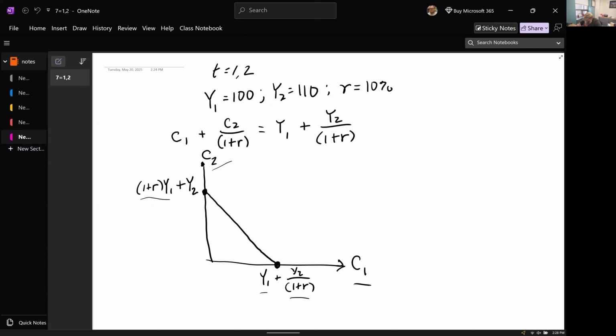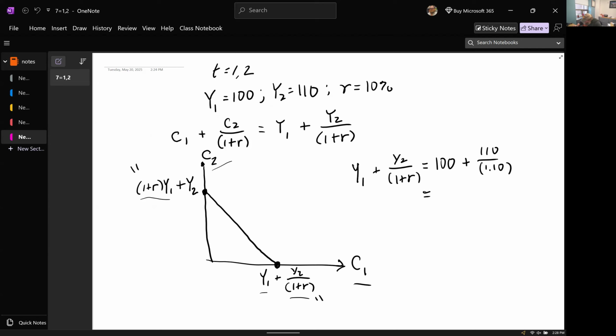And so we can relatively easily do these calculations because we have all the values. So we know that y1 plus y2 divided by 1 plus r is equal to 100 plus 110 divided by 1.10.